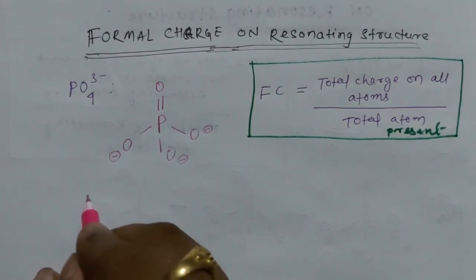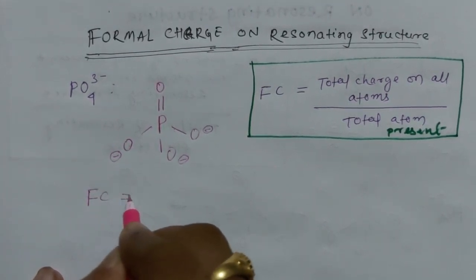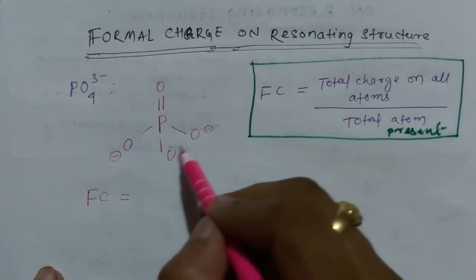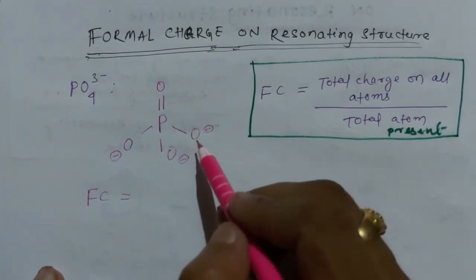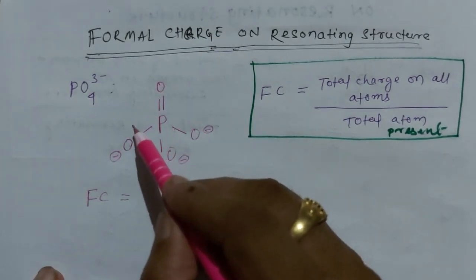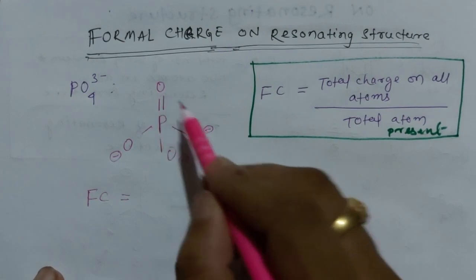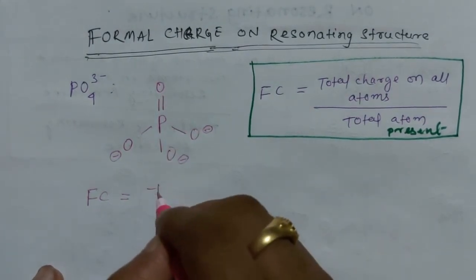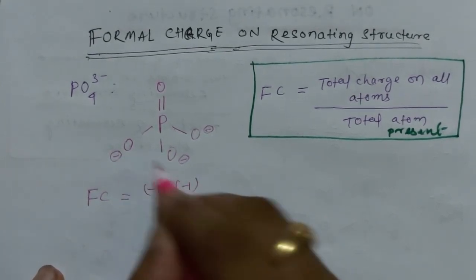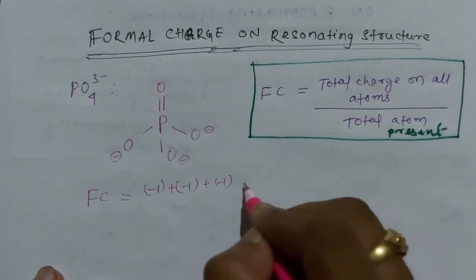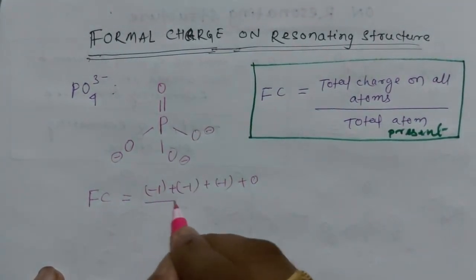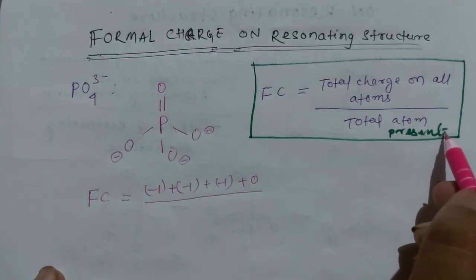So this is the formula, just remember. Formal charge is equal to the total charge on all atoms. As we are calculating the oxygen formal charge, we will calculate the total charge on all the oxygen atoms. So here this oxygen contains -1, this oxygen contains -1, this oxygen contains -1, plus this oxygen contains 0 formal charge, divided by the total number of atoms present.